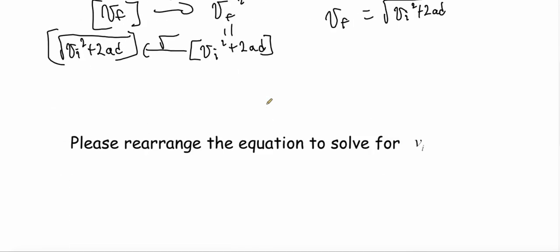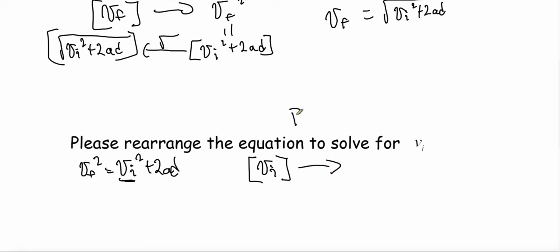Now we want to rearrange for my initial velocity. So I'm going to rewrite out my whole formula. Okay, and we want to solve for my initial velocity. So we're going to start here with initial velocity. Okay, and what are we doing to my initial velocity? Well, first thing we are doing is we must still follow BEDMAS. So brackets, no brackets, first thing we're doing is squaring.